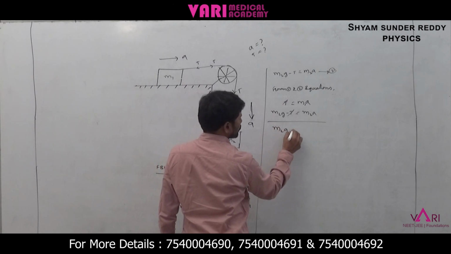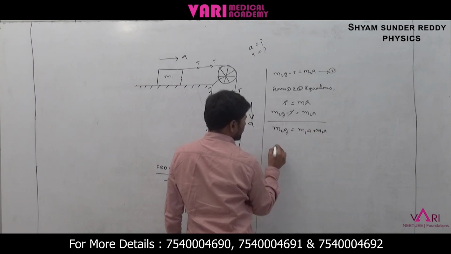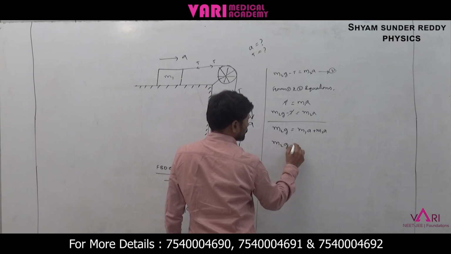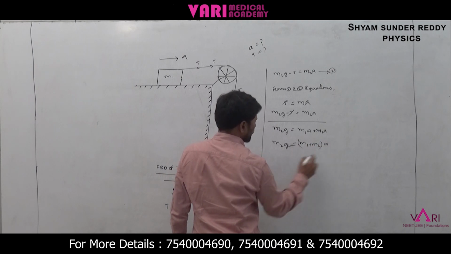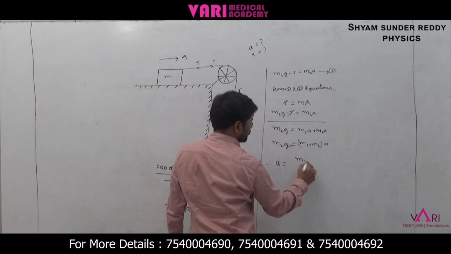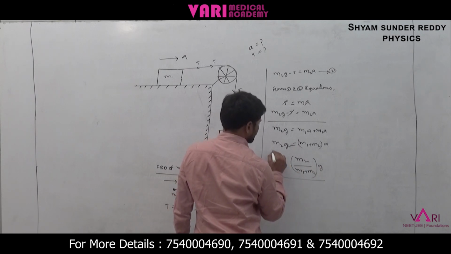M2G is equal to M1A plus M2A. M2G is equal to M1 plus M2 into A. Therefore A is equal to M2 by M1 plus M2 into G. This is the acceleration.